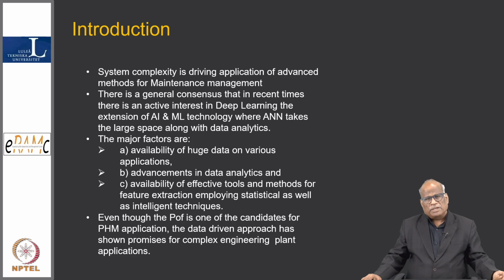And that is why when we talk about reliability using a statistical approach, we get the probability of failure. And then when you use PHM and this kind of technology, reliability means the instant of failure.